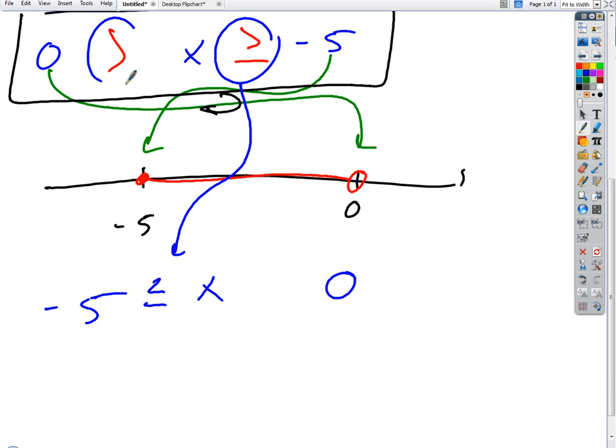And that less than sign is between the x and the 0, but now it gets flipped around. Now that's a good way to write it, right? That makes sense? Now I've got the -5 on the left where it belongs, and I move along the number line to the right to get to 0. Okay? Make sense? Yes, ma'am? We good?